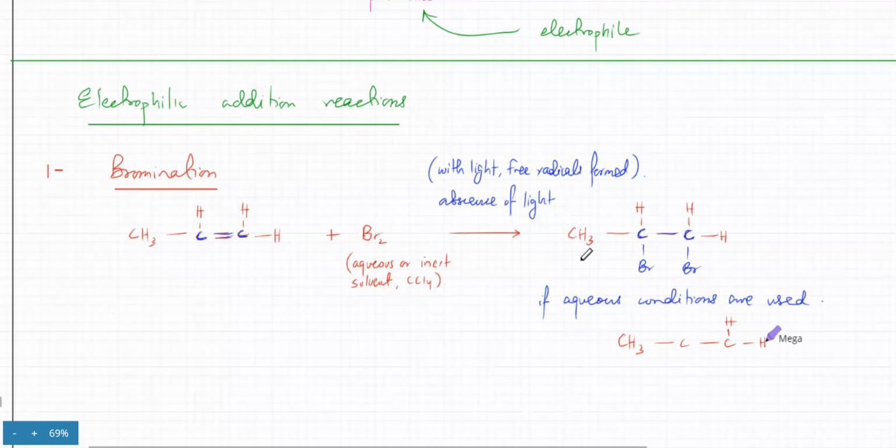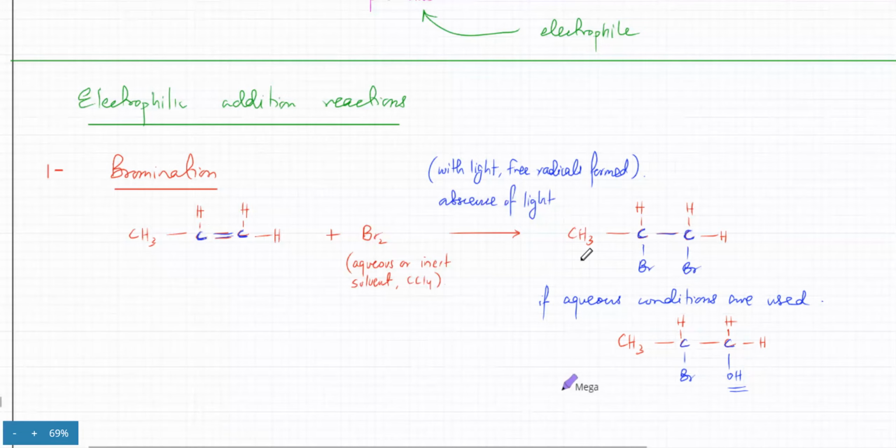So instead of both Brs getting added, you could have an OH that might get attached to the molecule. So remember that about aqueous conditions, that chances are that OH might also step in and could disturb the addition reaction.